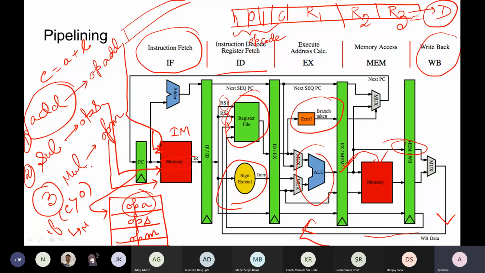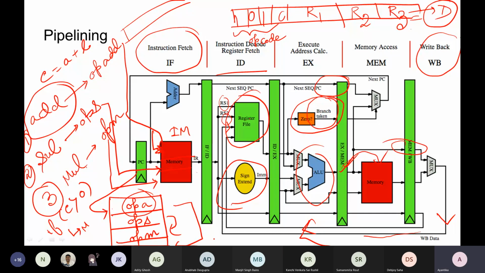Here you are checking whether this value is 0 or not. If it is true, then some branch will be taken. If it is not 0, then it will go to the next instruction stored in your instruction memory. And if it makes a jump, it will be based on whatever you have stored in your instruction memory. So this is the execution.